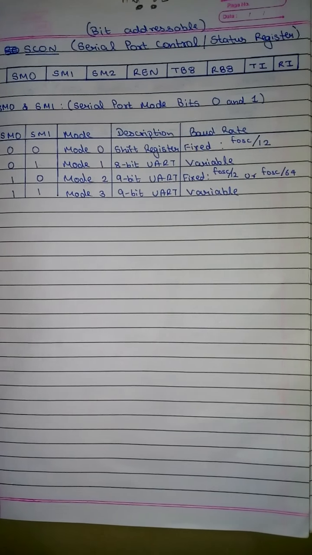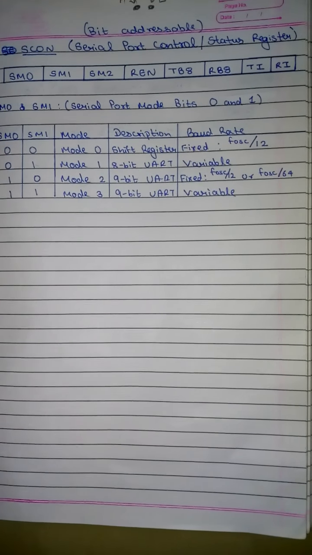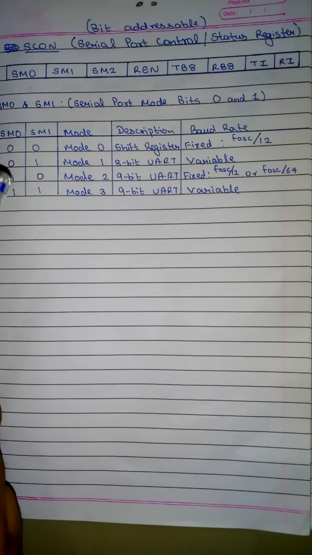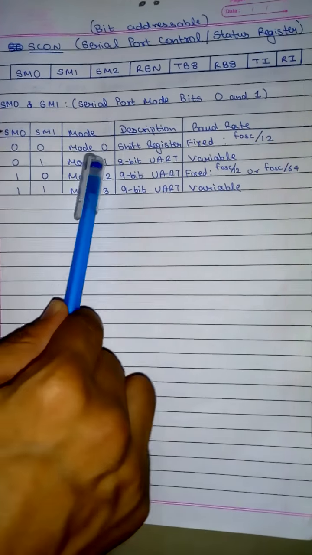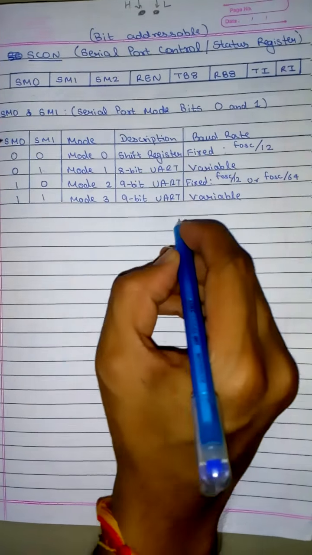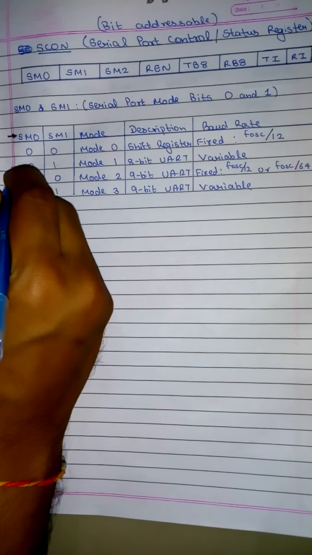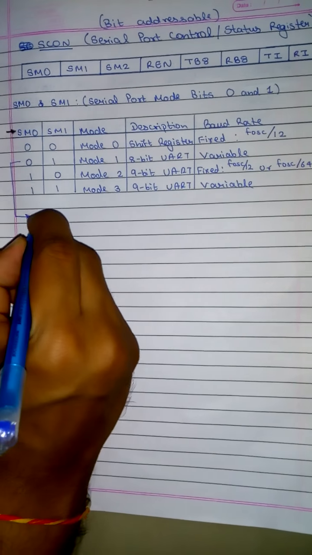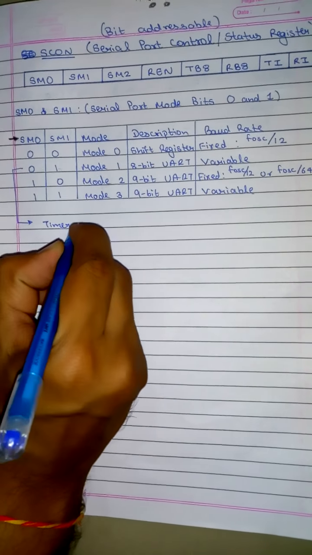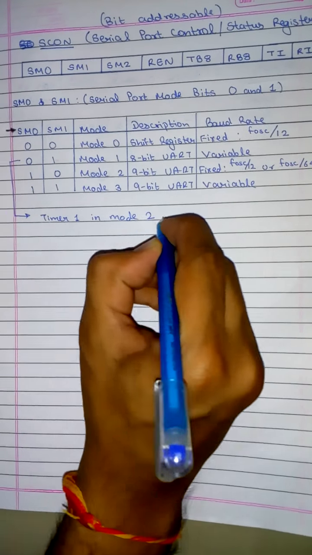So if timer 1 is selected in mode 2 for mode 1 of SCON, then the baud rate is given as 2 raised to SMOD. Let me write it down here. We are talking about mode 1. Here timer 1 is in mode 2.